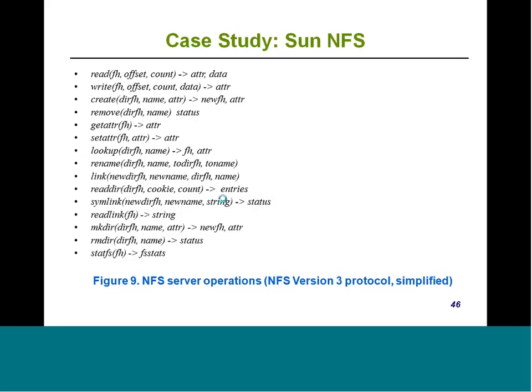Mkdir creates a new directory, and for that it gives you the new file handle and the attributes. Then rmdir removes a directory, and statfs, with a file handle, gives the file system status. So these are some of the commands that are used in the Sun NFS, which is one of the very popular systems.